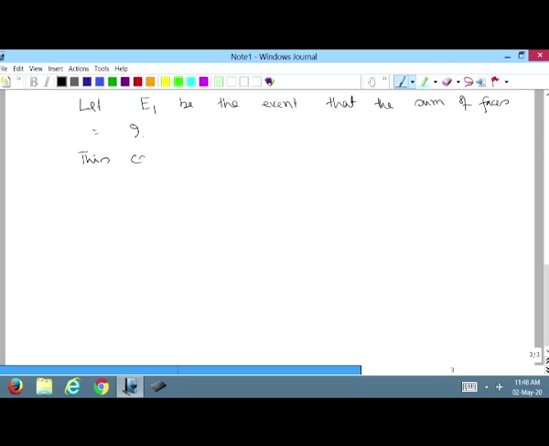This can happen with the following cases: 3, 6; 4, 5; 5, 4; and 6, 3.